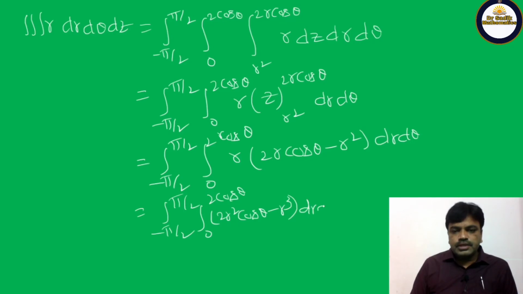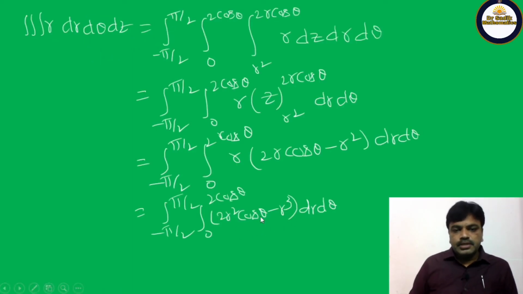Now you integrate with respect to r. The integral of r square is r cube by 3, so the integral from minus pi by 2 to pi by 2 of 2 into r cube by 3 into cos theta.